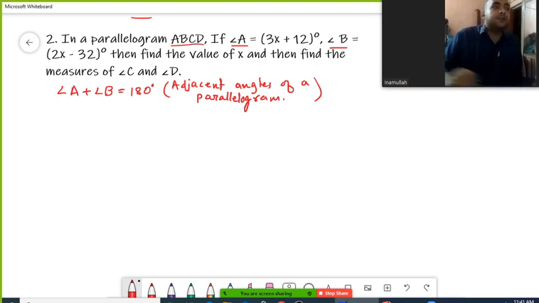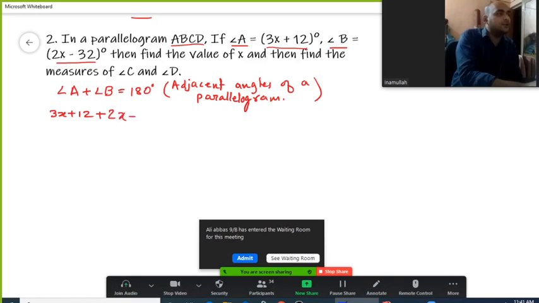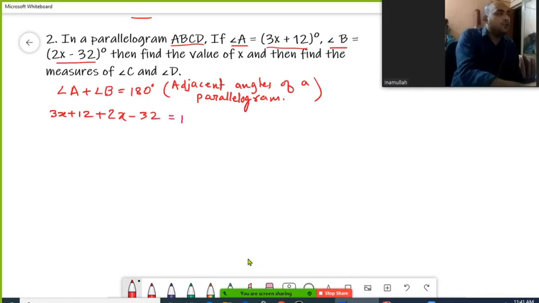Now the measurement of angle A and angle B are given in the form of polynomial, that is 3 times of x plus 12 degree and 2 times of x minus 32 degree. So here instead of A you can take 3x plus 12 degree. So 3x plus 12 plus angle B is 2x minus 32. This should be 180.